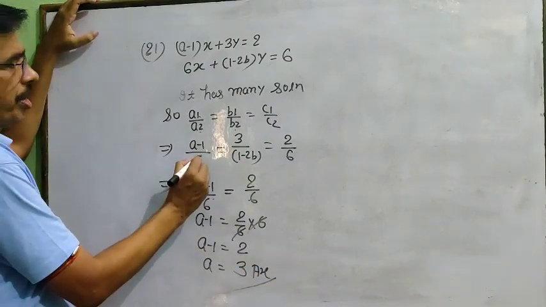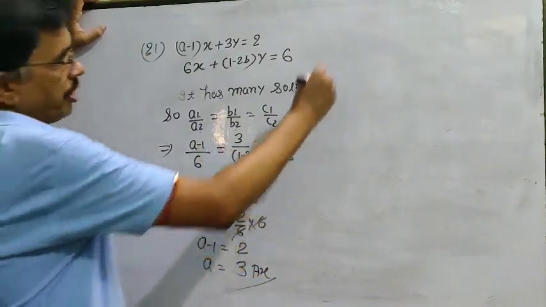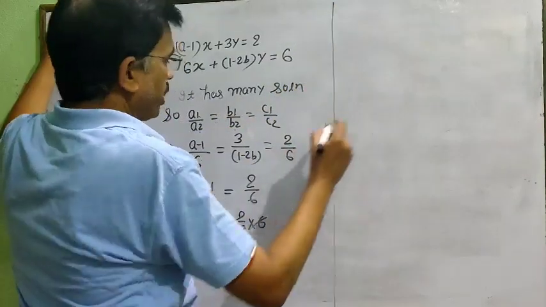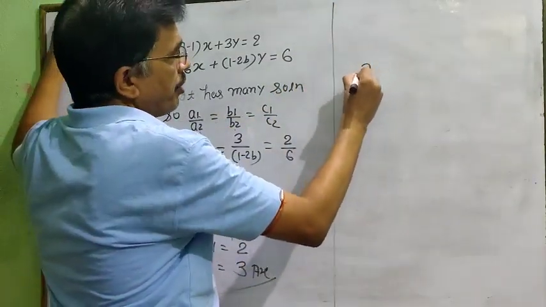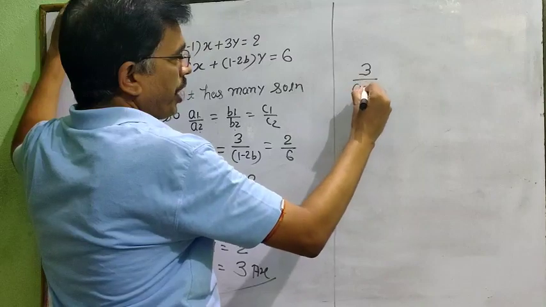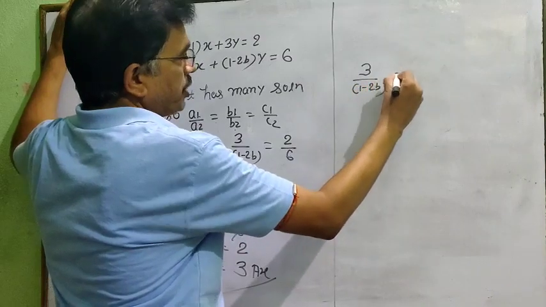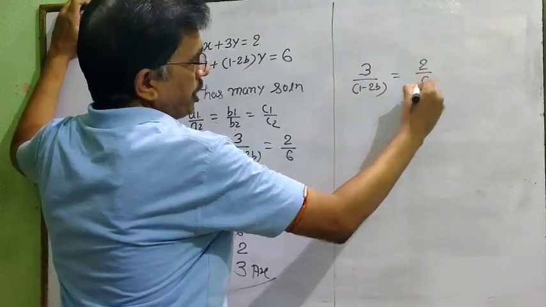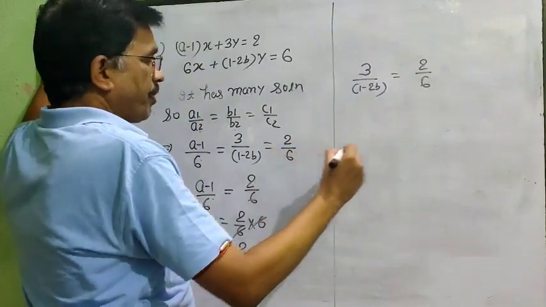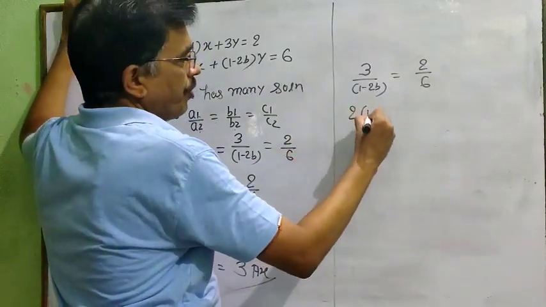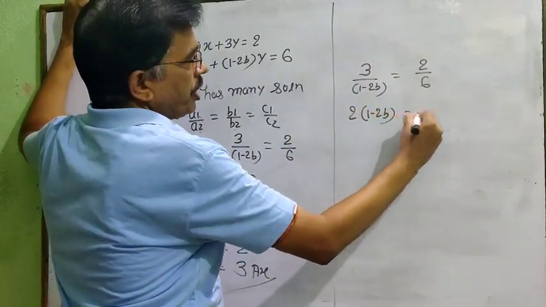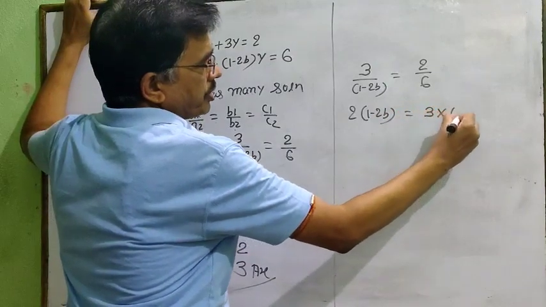We get this from the first and third cases. Similarly, the next case is 3 by (1 minus 2b) is equal to 2 by 6. So by cross multiplication, 2 into (1 minus 2b) is equal to 3 into 6.